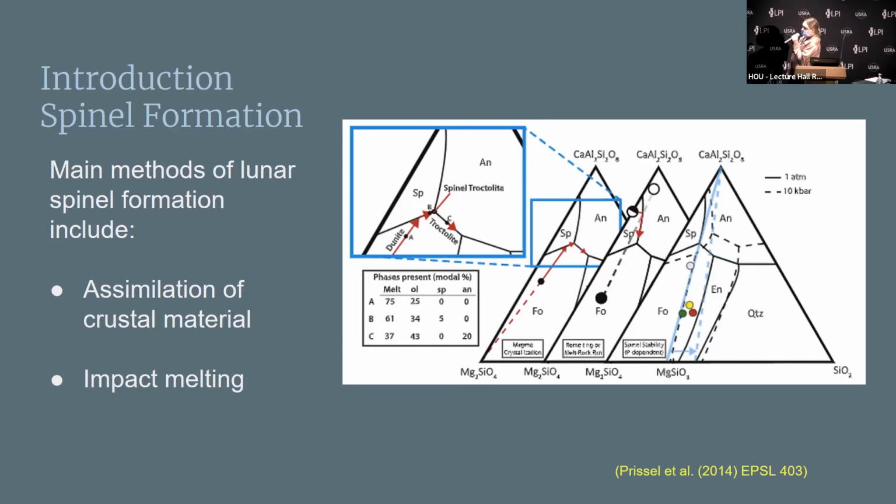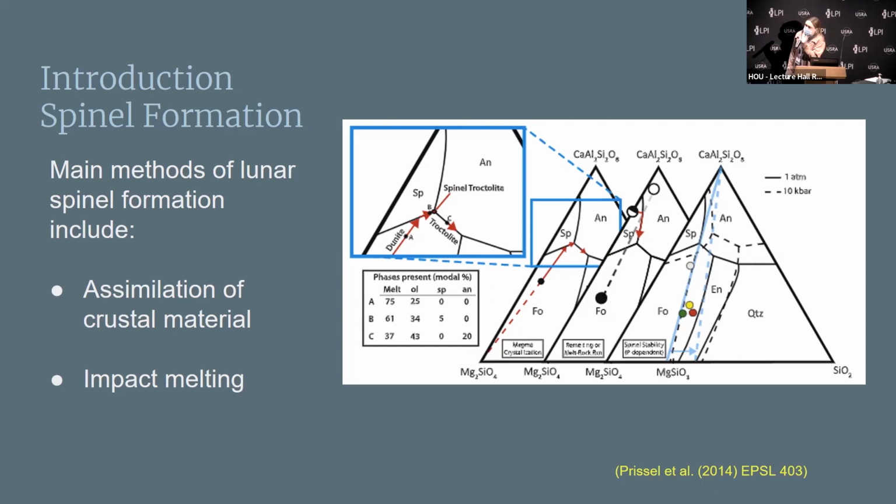Here we have three ternary diagrams. On the far left, this demonstrates that spinel cannot generate from a forsterite normative basaltic composition.